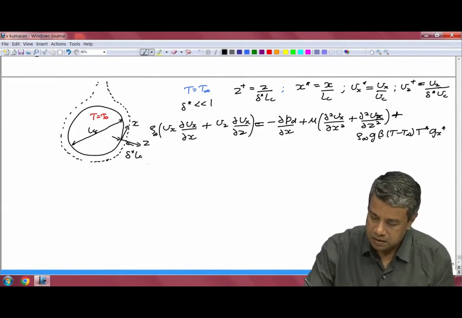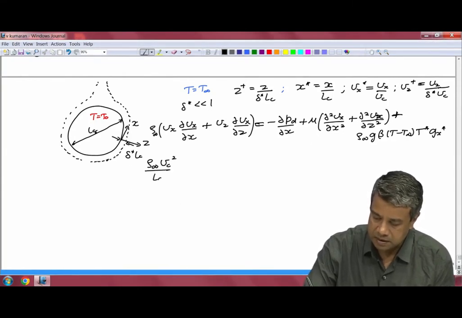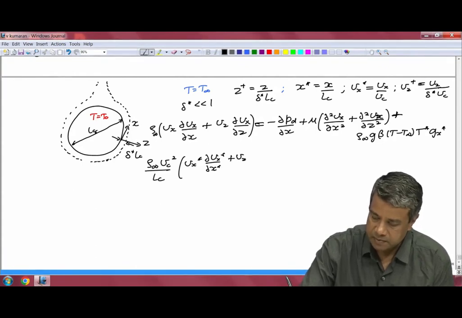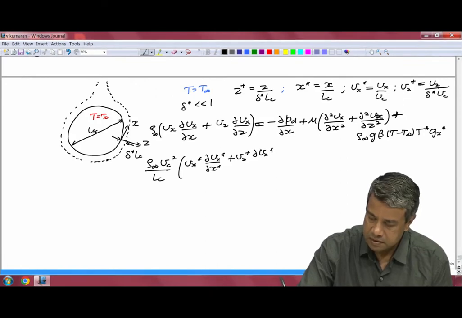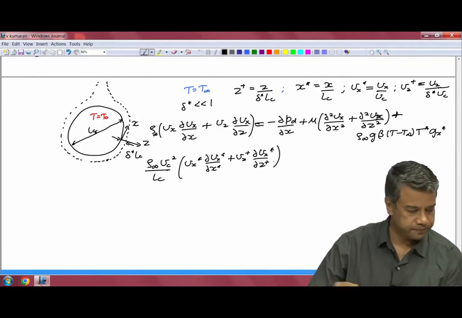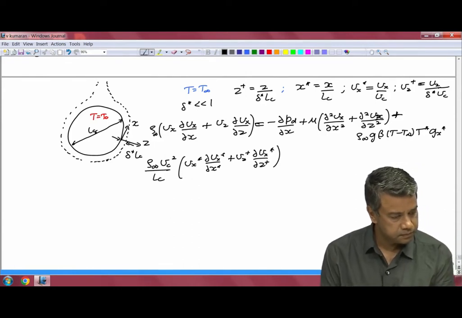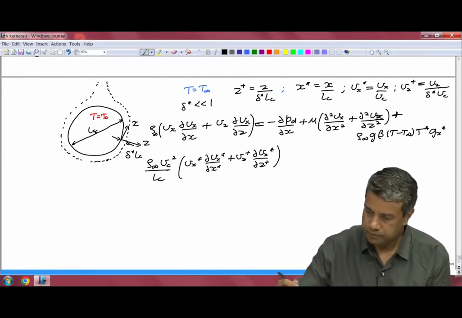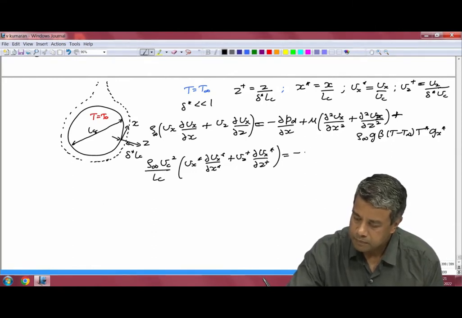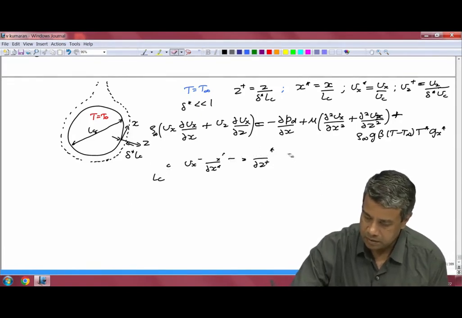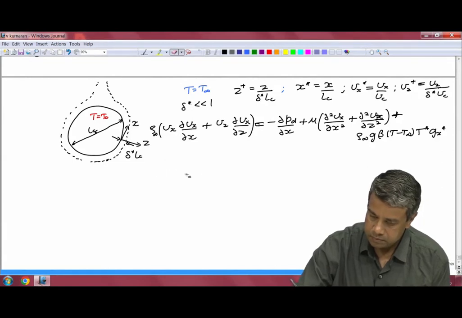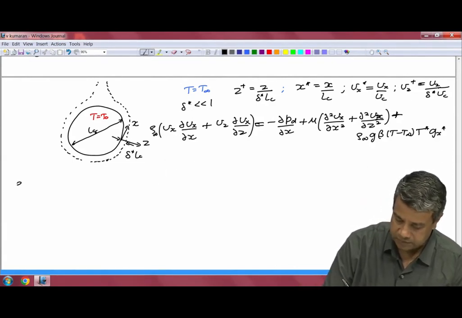On the left side, you can verify that you will get a factor of rho infinity Vc square by Lc, into Vx partial Vx by partial x plus Vz partial Vx by partial z.